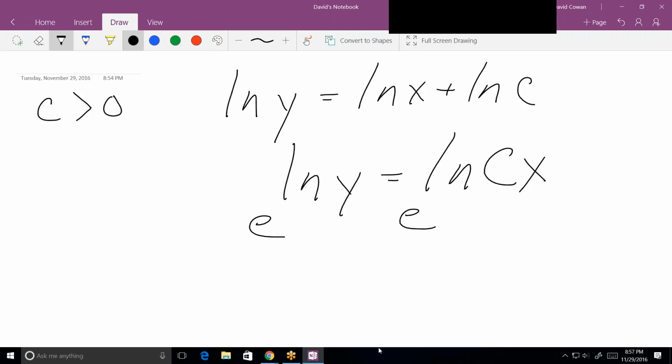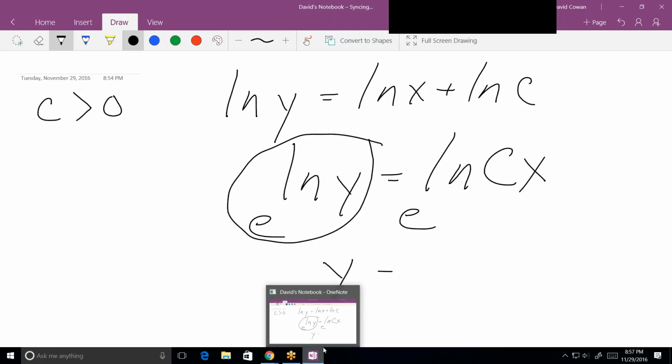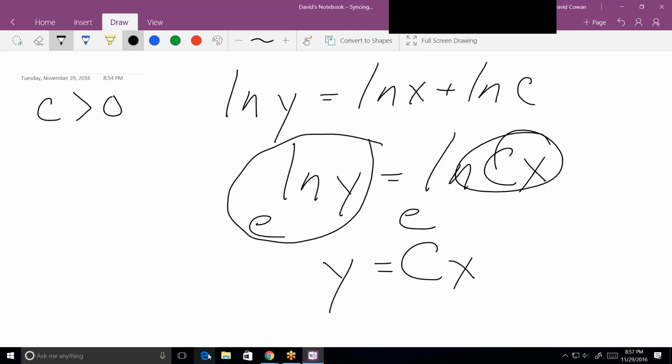So I've got e to the natural log of y equals e to the natural log of cx. And e to the natural log of anything is equal to that thing. So you get to the same spot.